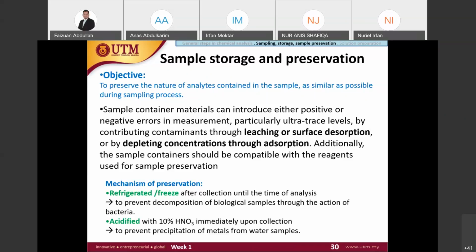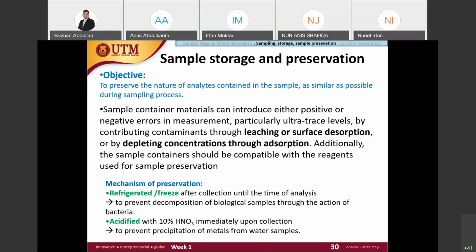What is surface desorption? The surface of the container itself releases some contaminants. If you prepare your tea in a glass that is not properly washed, there are some contaminants on the glass.